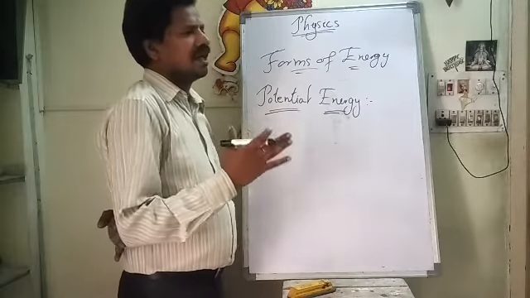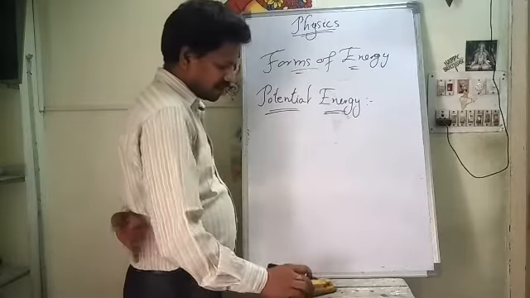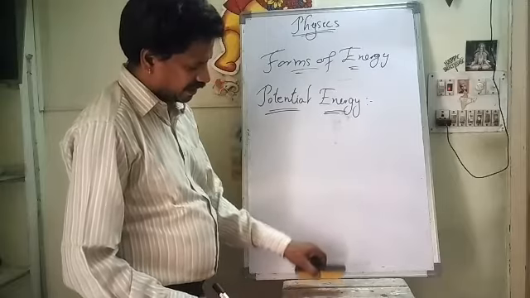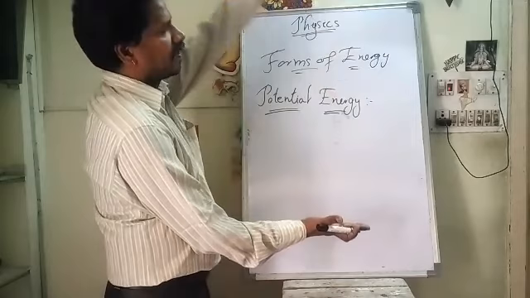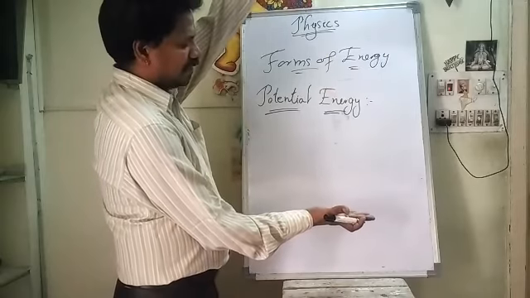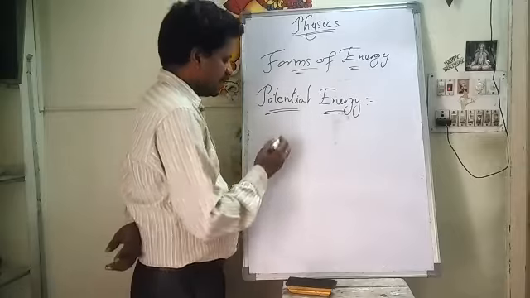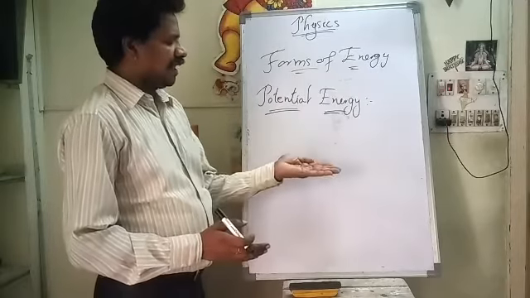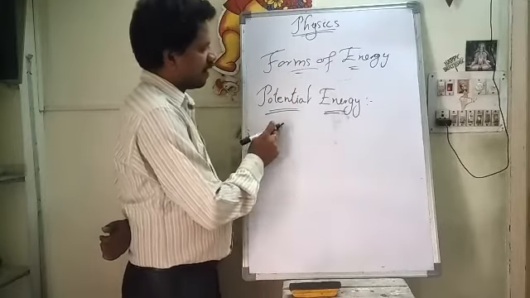Position means different types of positions are there. Suppose this duster, if you keep it here, there is no hurt. If you raise the duster and drop it, it will hurt more. That means if any object is at a certain height, it acquires a lot of energy.